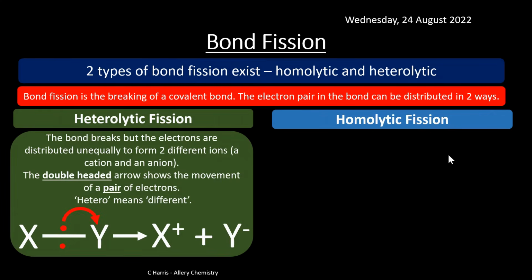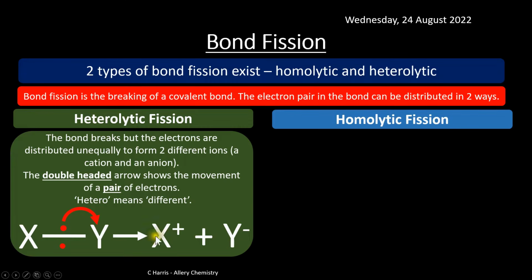So let's look at heterolytic fission first. Heterolytic basically means different. We're breaking the bond, but the electrons in that bond are distributed unequally to form two different ions. So we get a cation and an anion. We've got a difference in where the electrons are.